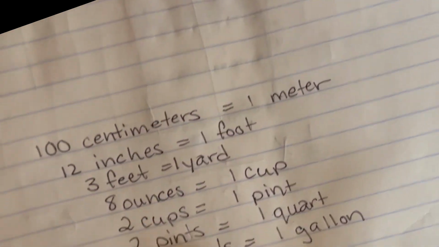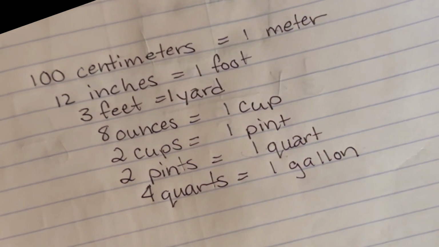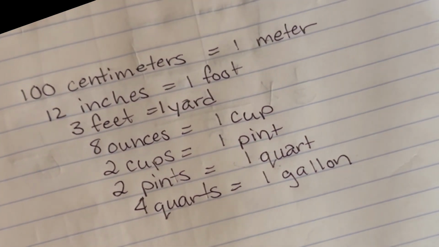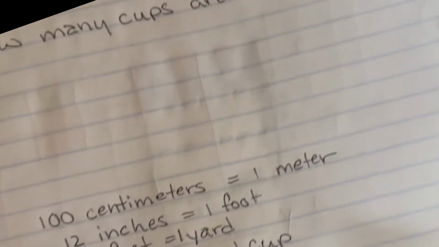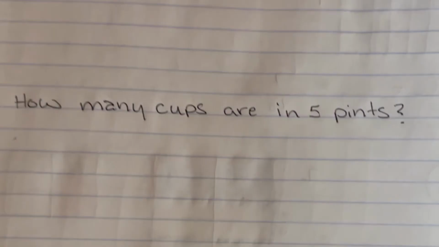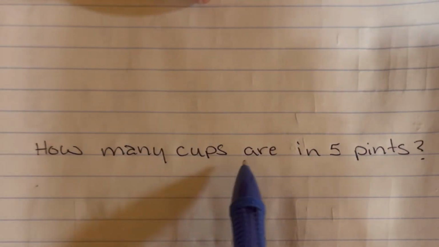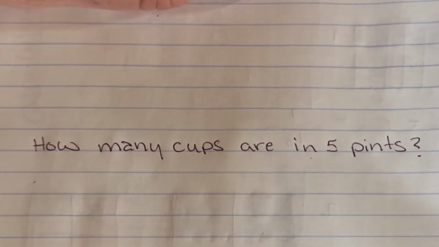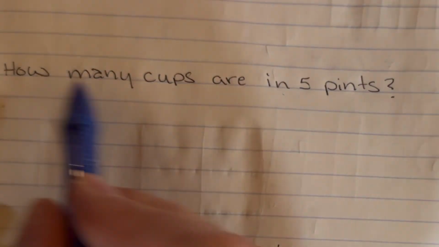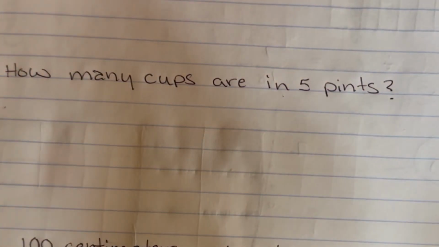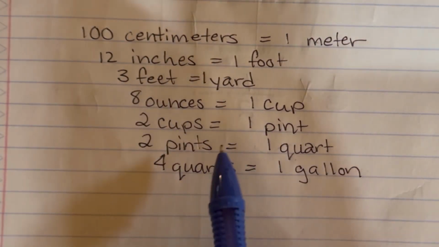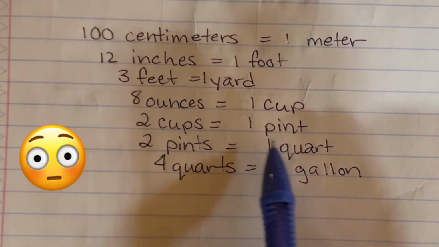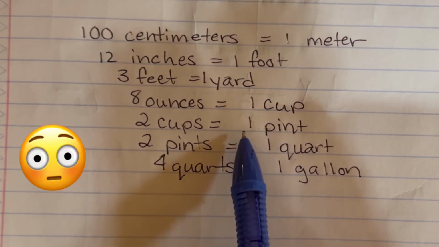So the standard that is coming up has to do with measurement, and most of it is going to be word problems. And they're going to be asking you questions like, how many cups are in 5 pints? To do that, we have to look down at the scale. And we see that it takes more cups to fill a pint.